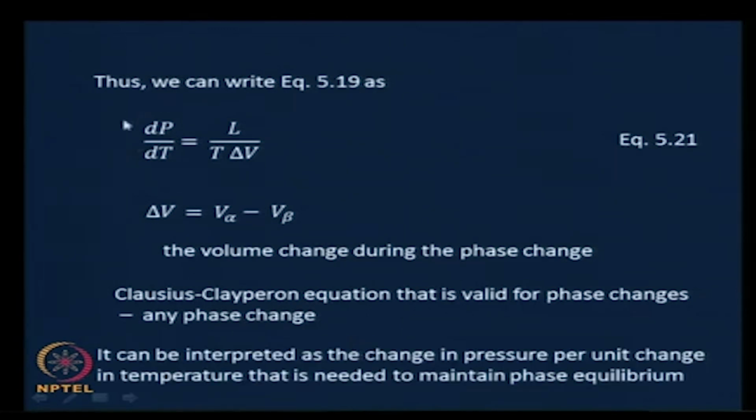And going by the left hand side dP/dT, it can be interpreted as the change in pressure per unit change in temperature that is needed to maintain equilibrium. Slightly abstract, take a look at it for now and then it will make sense probably much later.